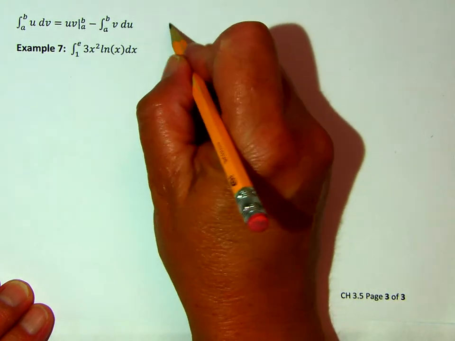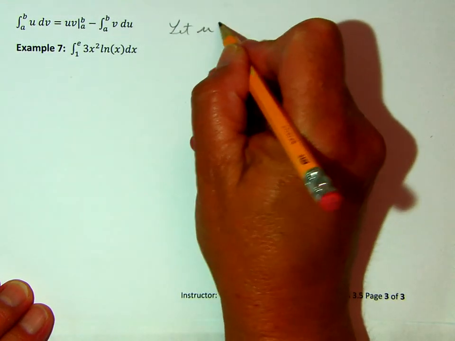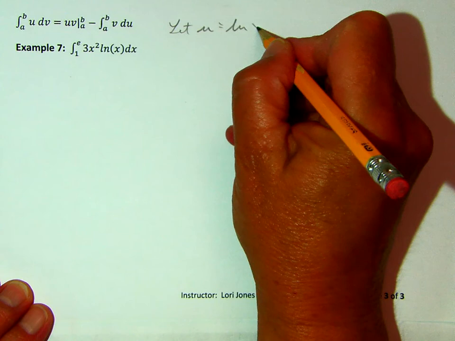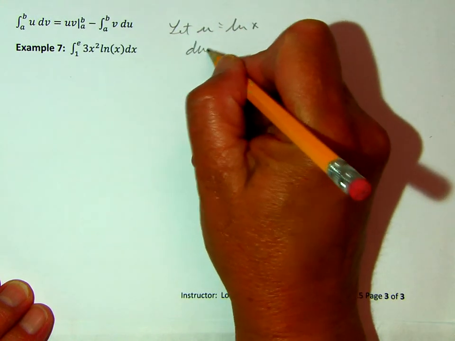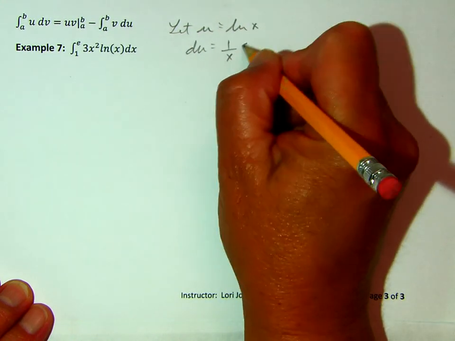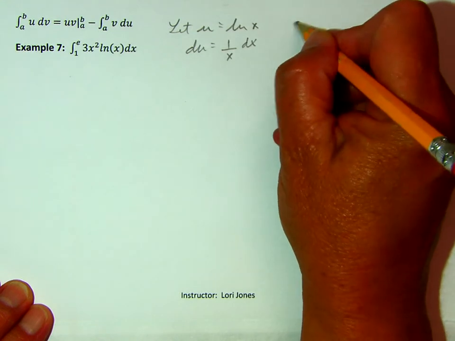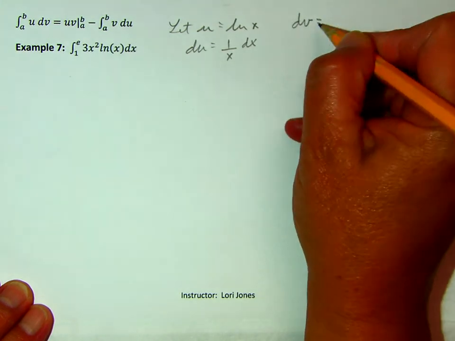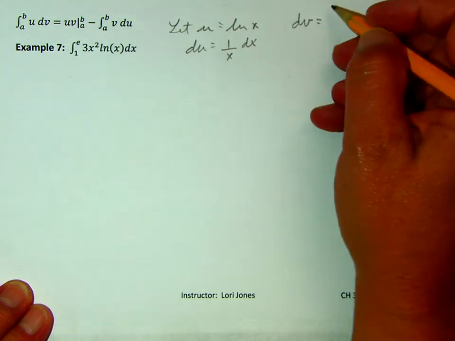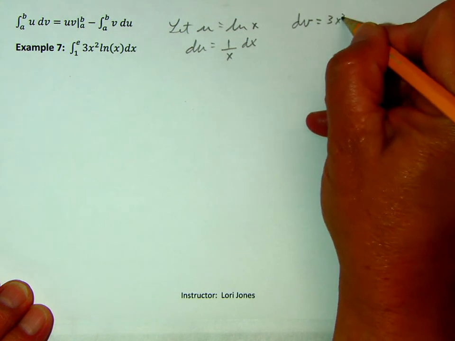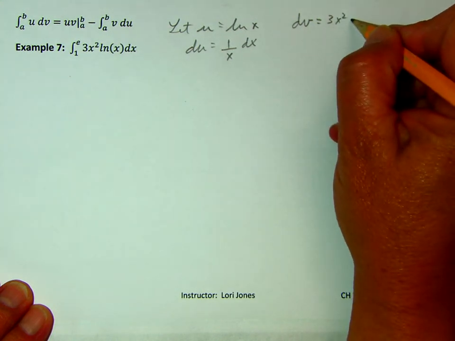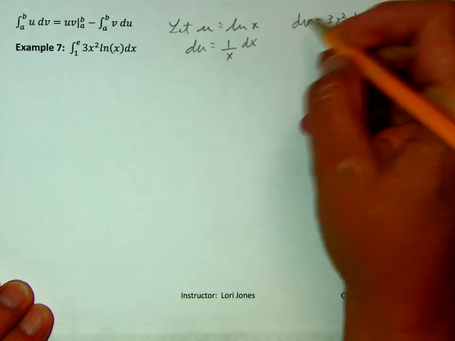So let's let u equal ln x, then du would be 1 over x dx, and what I have left has to be my dv. So dv would be 3x squared dx.